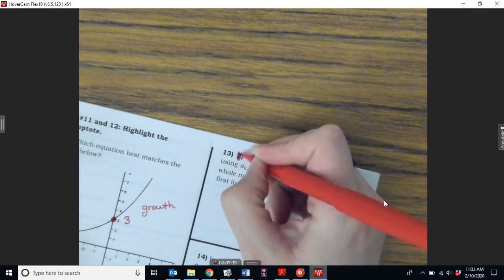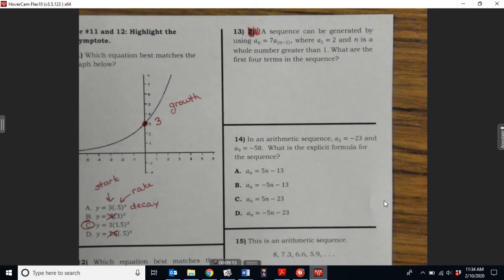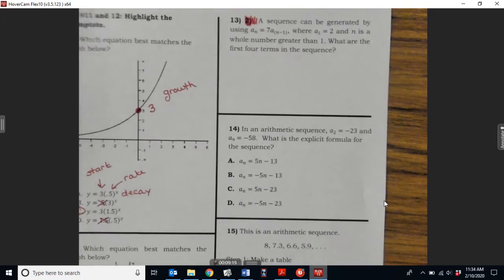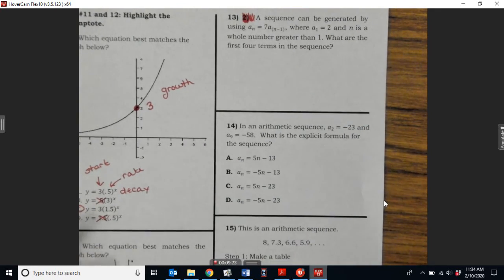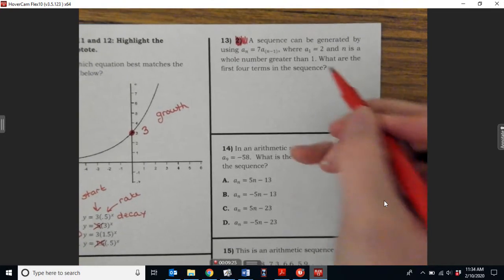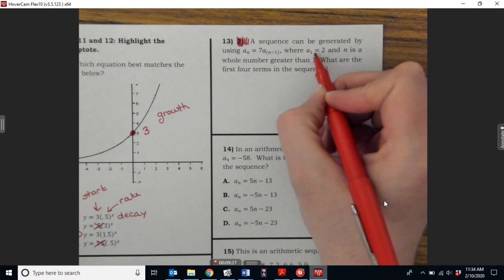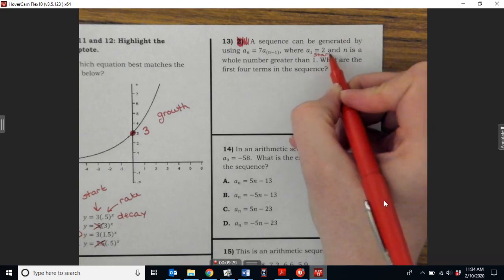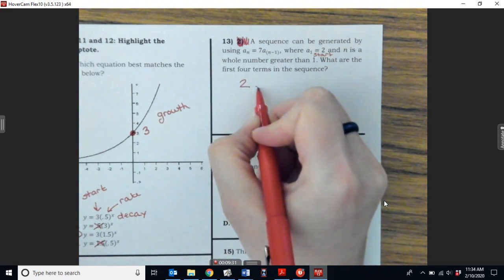Okay, number 13. You are writing a sequence, or writing the first 4 terms of the sequence. And so remember that A sub 1 is your start. So I start with 2.